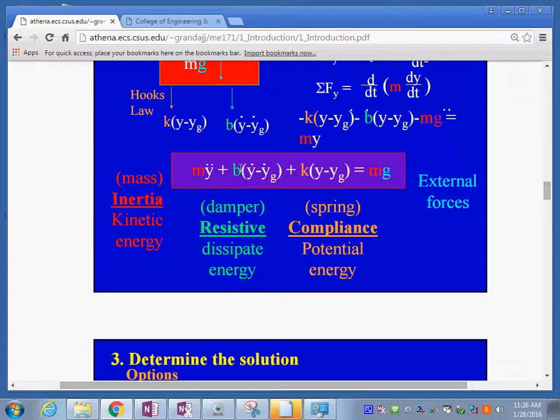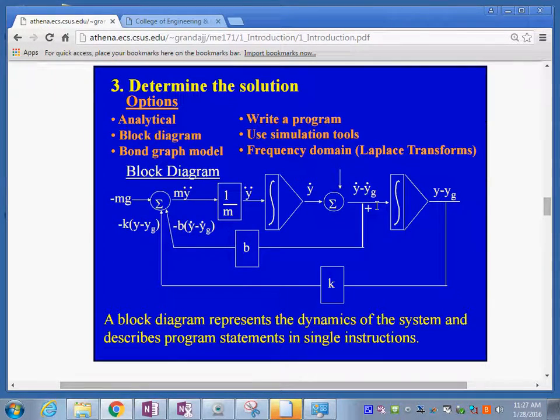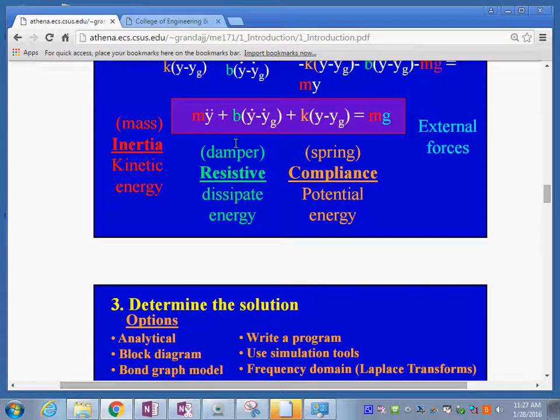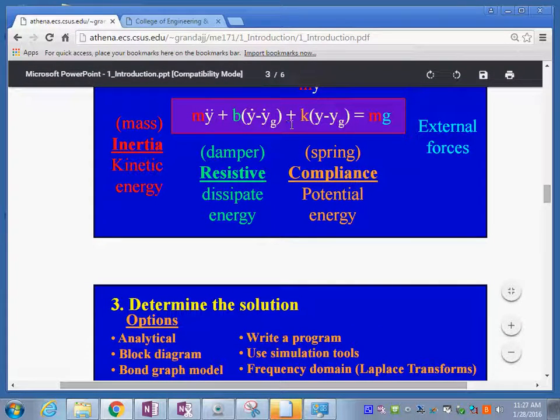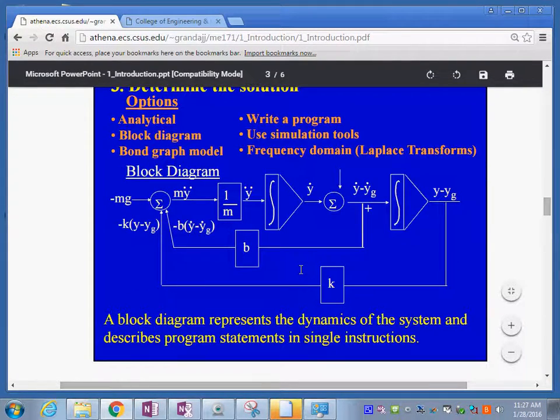You see the influence of the resistive element here and the influence of the spring element, or compliance element. And of course, in this case, mg is the source, because it is the source from the ground. One way of doing this is to represent this differential equation in a block diagram.